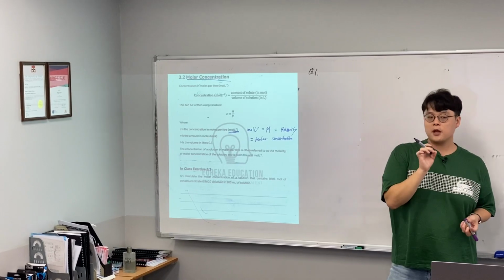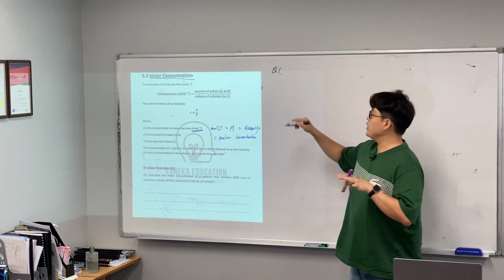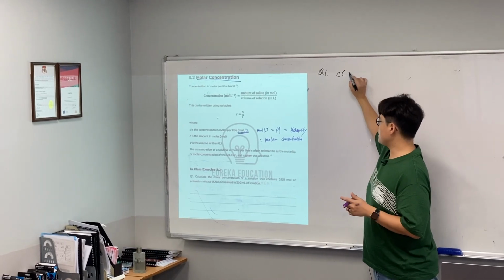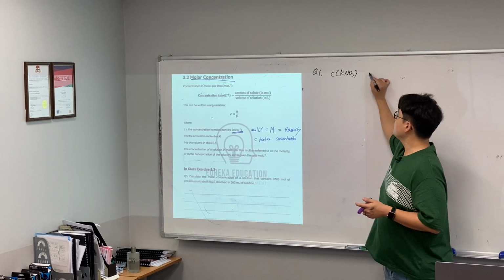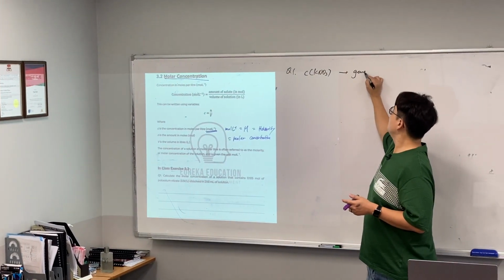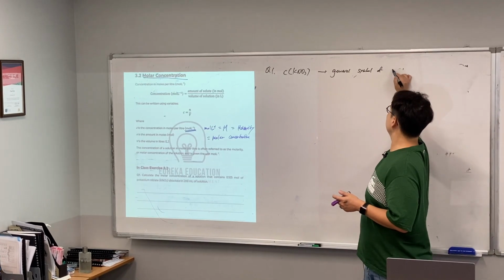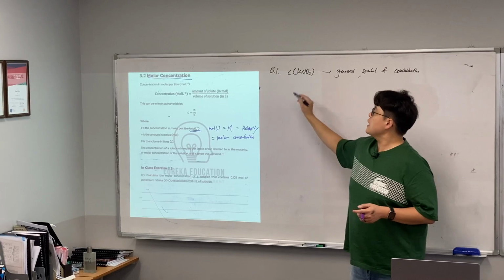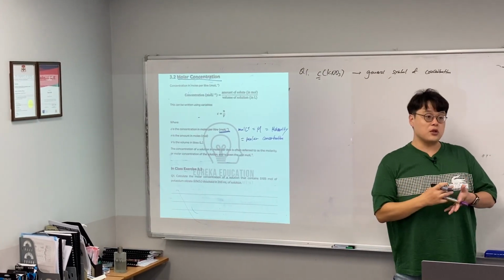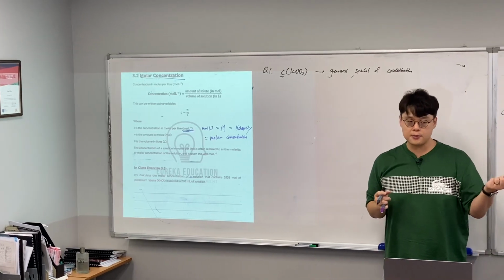Now, the special thing about molar concentration is we're using a different symbol. We use this C to represent the concentration of the potassium nitrate. This is a general symbol of the concentration. So that C is more universal, and we can use it for any of those units we learned, whether that's grams per liter, milligrams per liter, whatever.